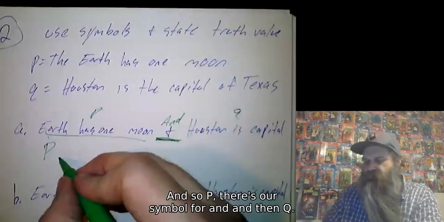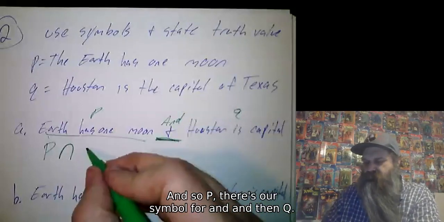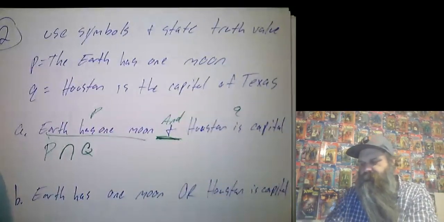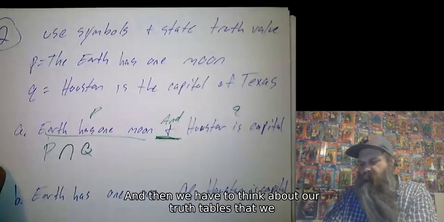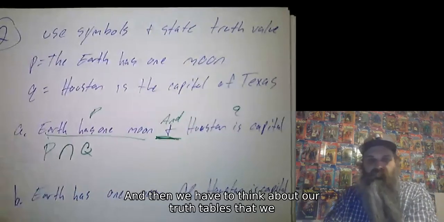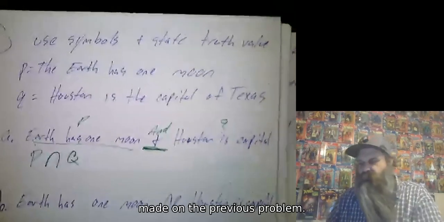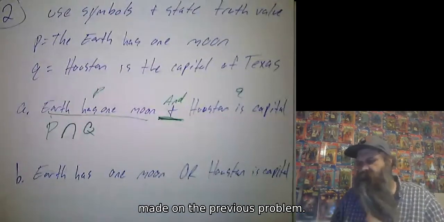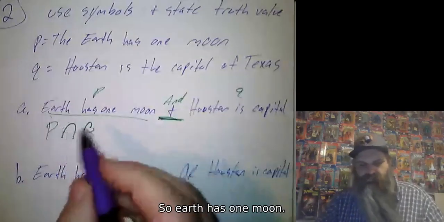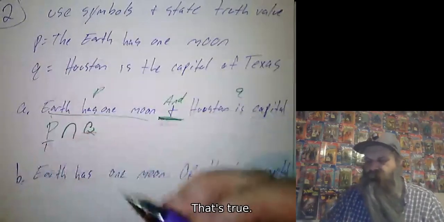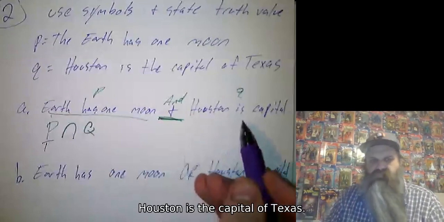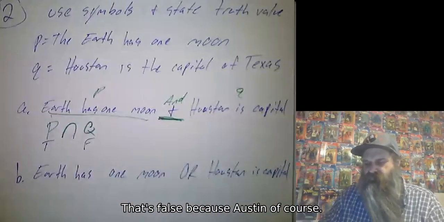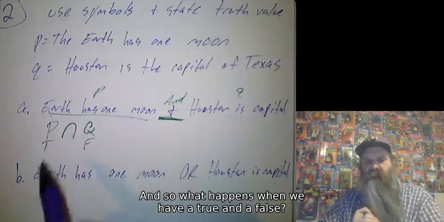And so P, there's our symbol for and, then Q. And then we have to think about our truth tables that we made on the previous problem. So Earth has one moon, that's true. Houston is the capital of Texas, that's false, because Austin, of course.